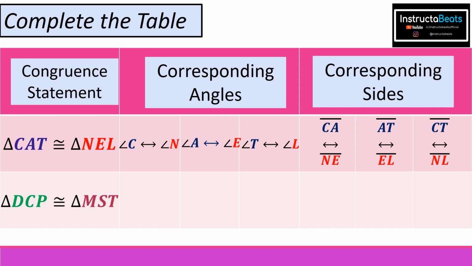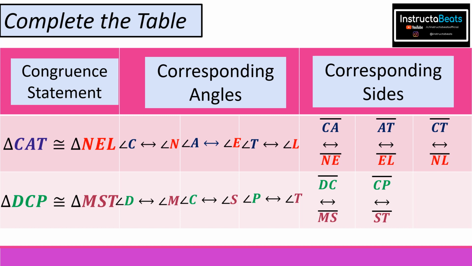The corresponding angles are, angle D corresponds to angle M, angle C corresponds to angle S, and angle P corresponds to angle T. And for the corresponding sides, we have side DC corresponds to side MS. Side CP corresponds to side ST. And side DP corresponds to side MT. Were you able to determine the corresponding angles and corresponding sides given the congruent statements? Very good.